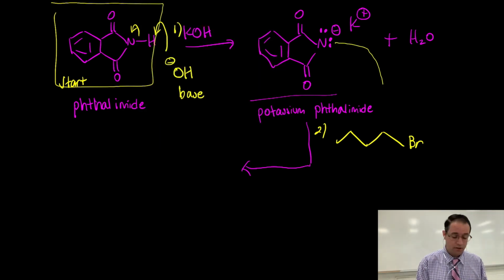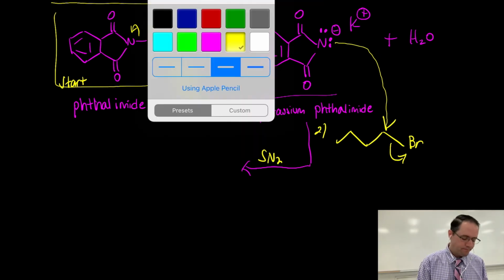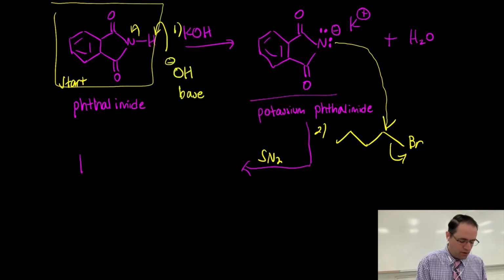So what's going on in this step? Well, let's draw the curved arrows. The nitrogen here has a lone pair that is going to be nucleophilic, and we want to draw an arrow pointing towards this carbon, which is primary, and kick off the bromide, which is a good leaving group. So this is your SN2 step here.